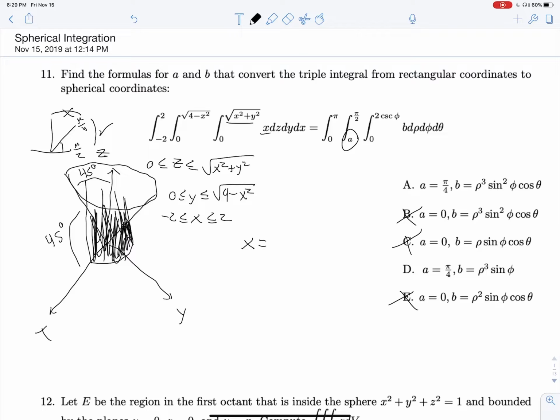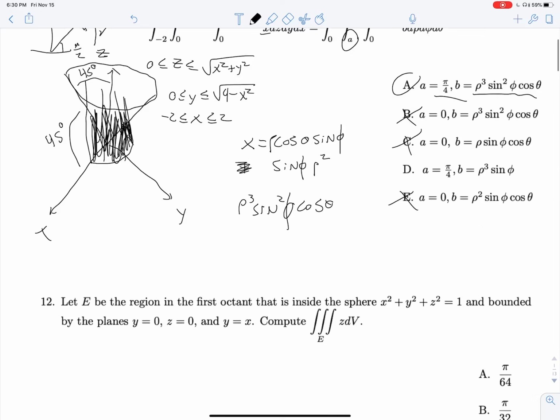So we know that x in spherical coordinates is rho cosine theta sine phi, and adding that in with what we already have, which is sine phi rho squared, we find that we get rho cubed sine squared phi cosine theta, and we see right here we have it.